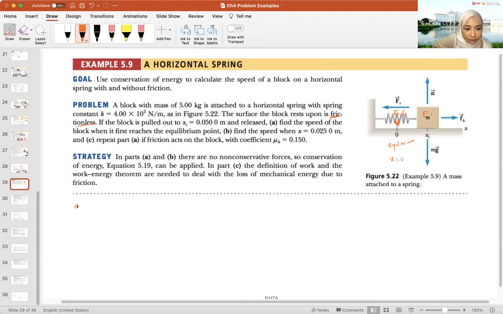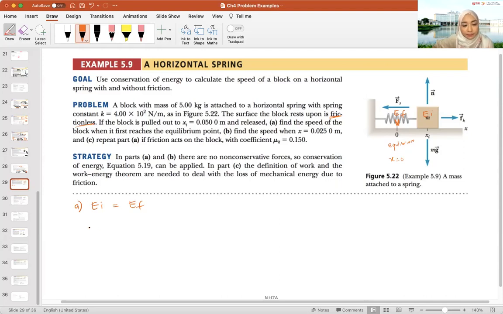So let's do that. So our E initial is equal to E final. We don't have non-conservative work done because this is frictionless surface. So what should be in my EI equation? UG, US.